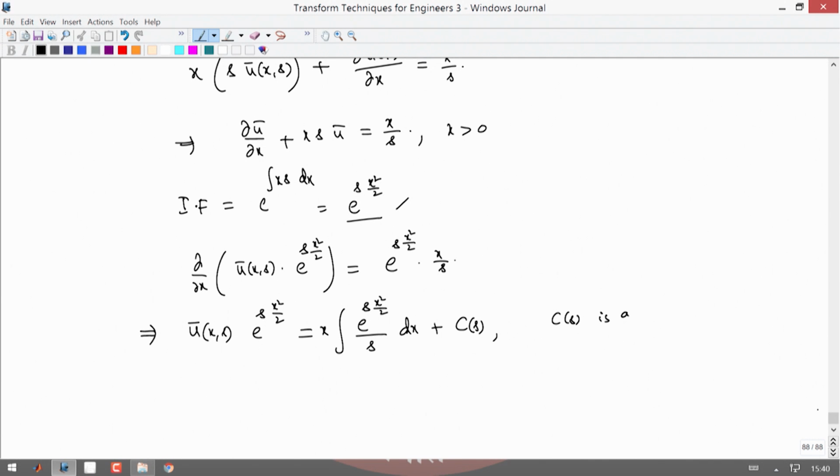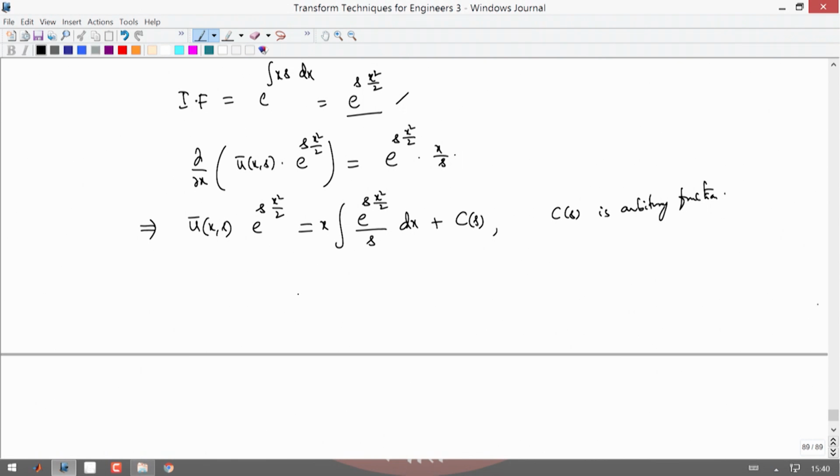c of s is an arbitrary function, which you can get from the boundary data. The integration is straightforward, it gives e power s x square by 2 over s square. If you differentiate this with respect to x, you get s by 2 times 2x; the 2 goes, and s over s square gives x by s.